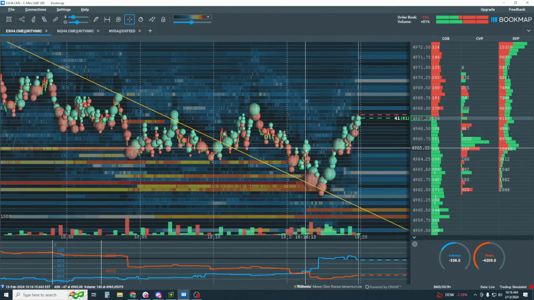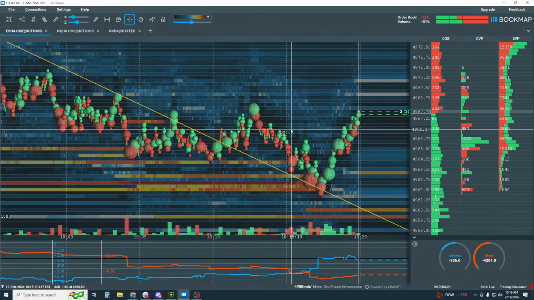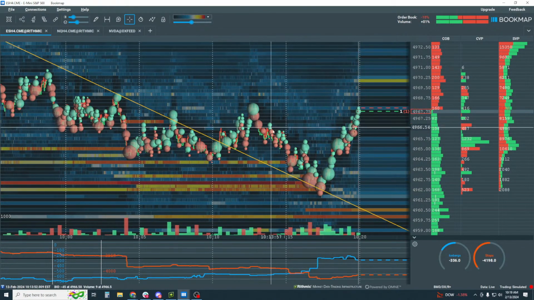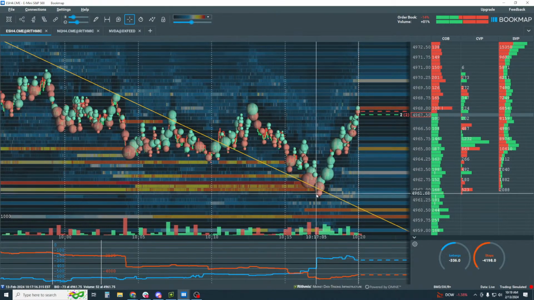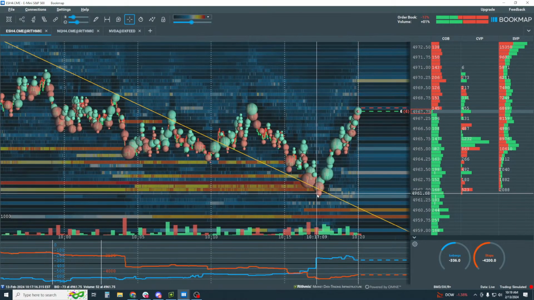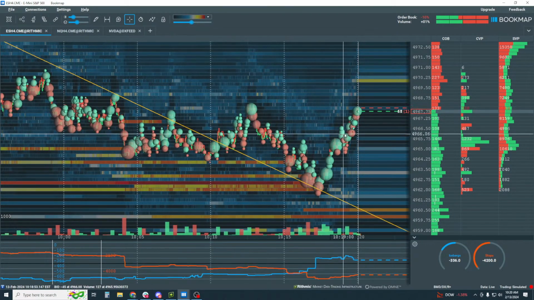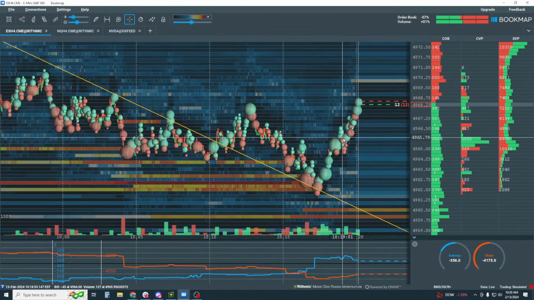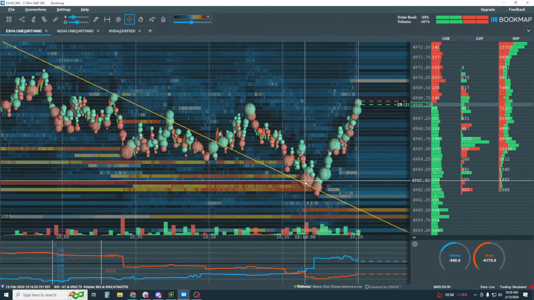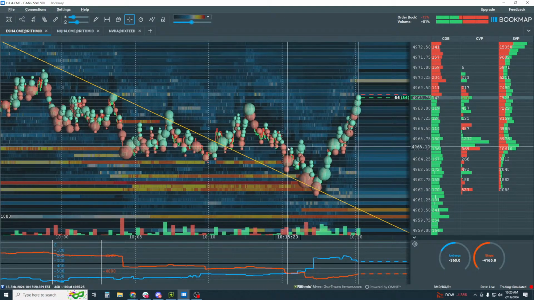Let's just be honest about this, and this is why trade management is so important, because we're holding for a runner here, and holding for that runner we would have been stopped out at break even. So on leg one, we would have had a nice little gain.